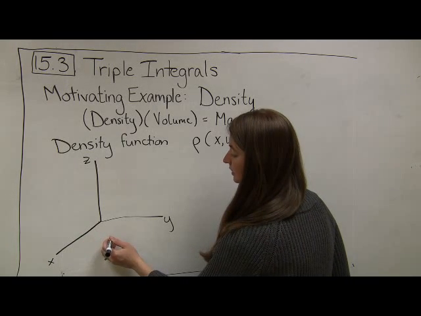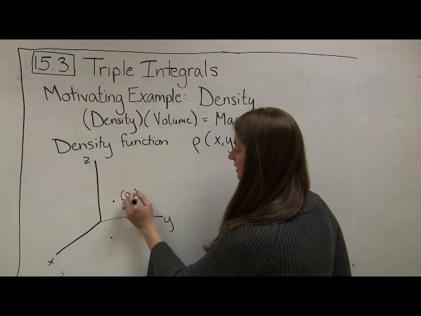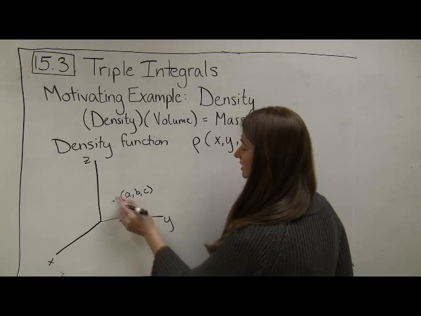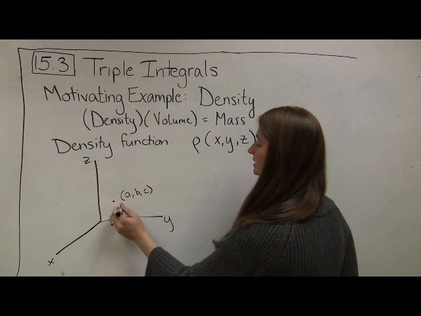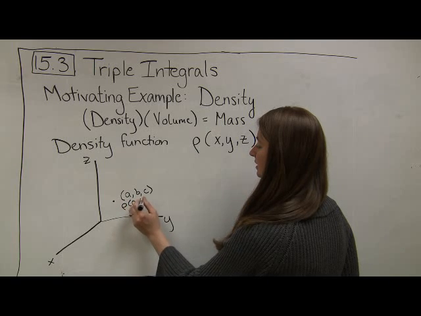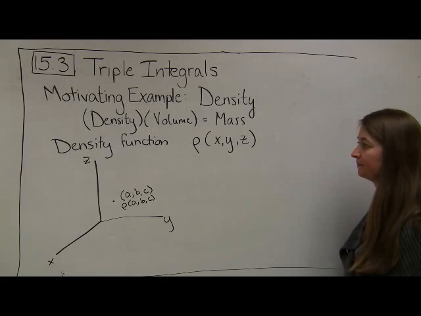So as I plug in a point, let's call this point up here the point A, B, C. Right at this point, we can find the density by plugging the point ABC into my density function.